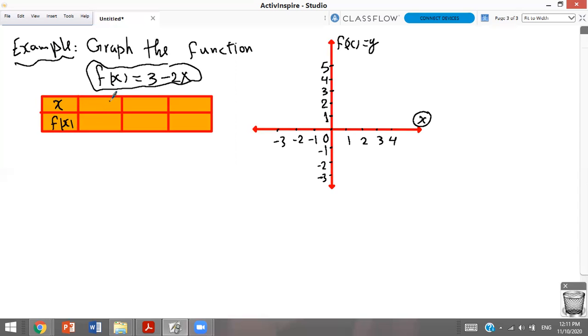Then check with me. I'll put some values, maybe -1, 0, 1. Then if x is -1, what is the value of the function?